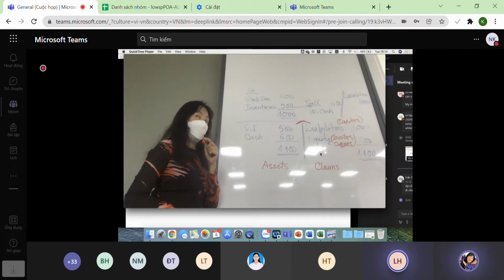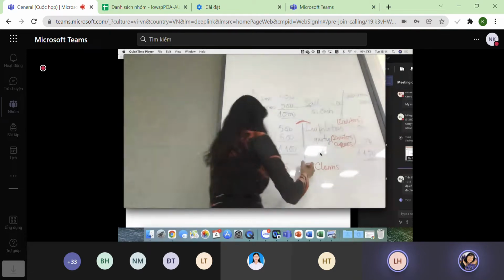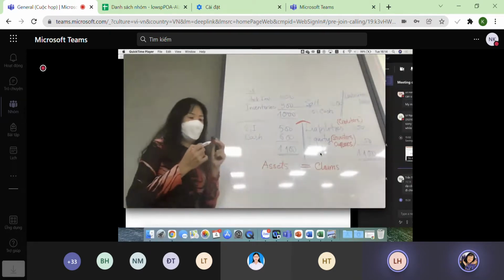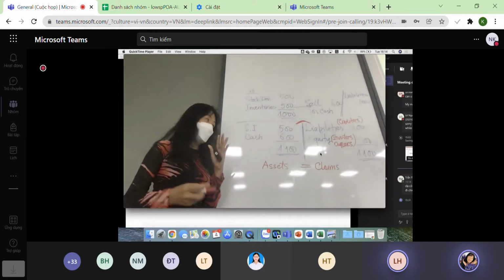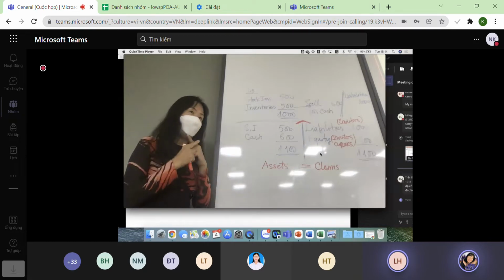And how about their relationship? Assets and claims. Can you tell me about the relationship between assets and claims? Equal. Always equal. Why? Because they are two sides of one thing.